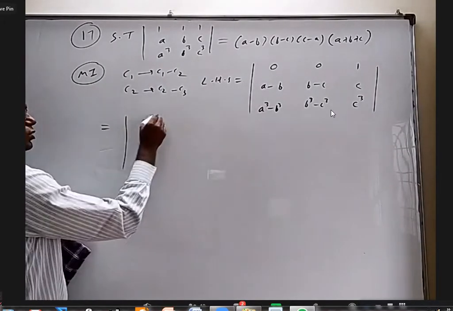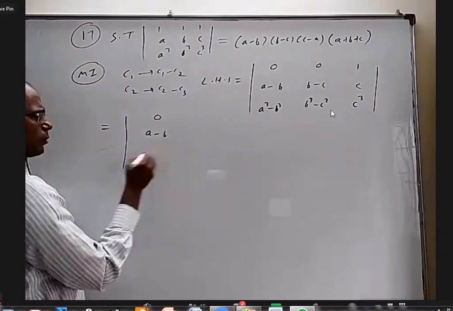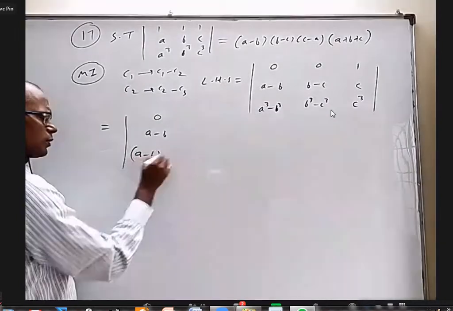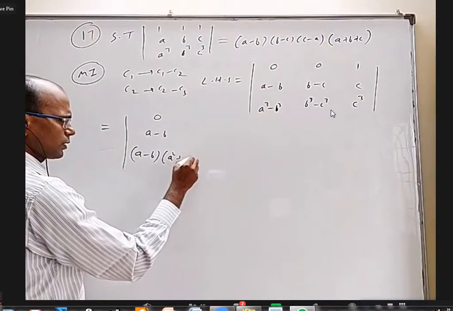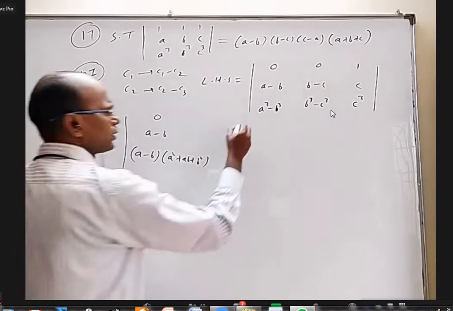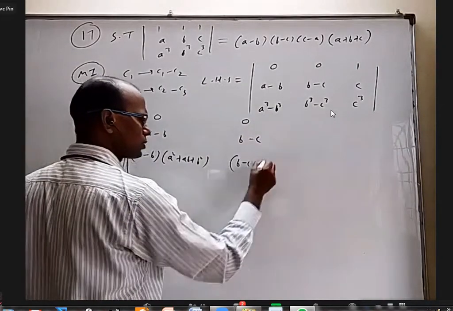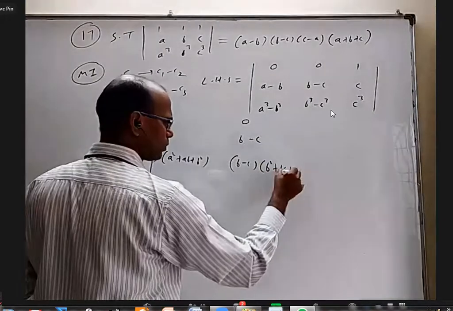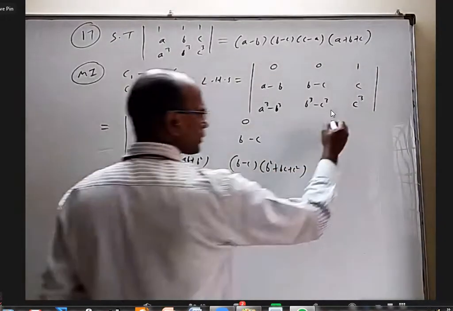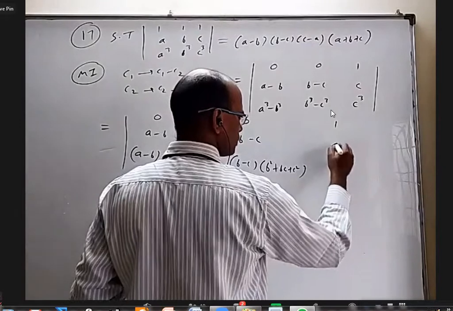This is 0, this is a minus b. The a cube minus b cube formula is a minus b into a square plus ab plus b square. This is 0, this is b minus c, this is b minus c into b square plus bc plus c square, 1, c, c cube.